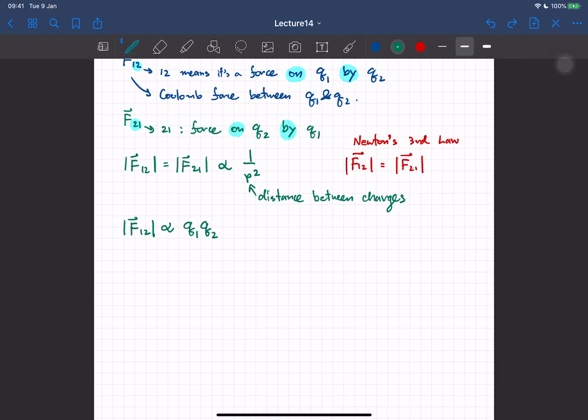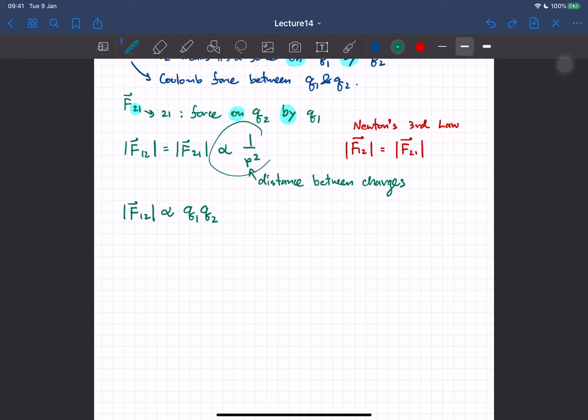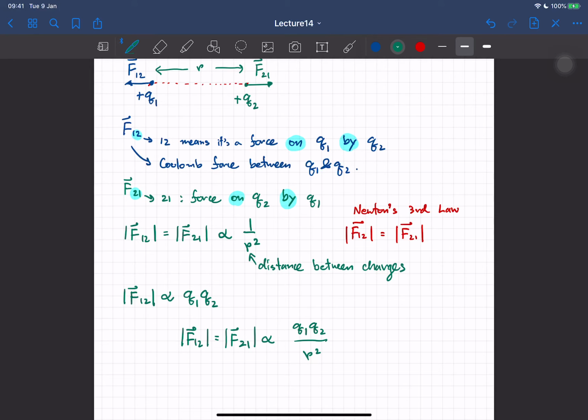So altogether, you know how to combine this proportionality equation, right? Force F12, which is equal to F21, is proportional to Q1 times Q2 divided by r squared. This is what Coulomb found, I think, 200-300 years ago.